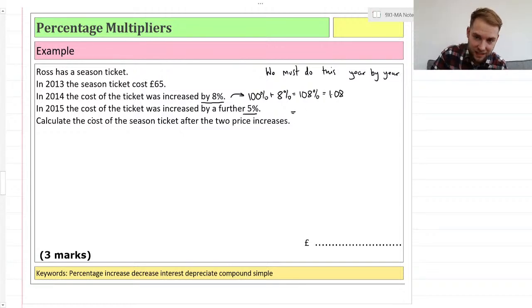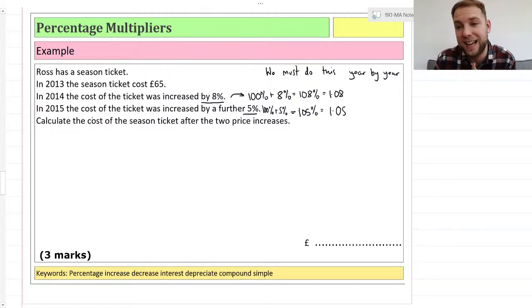For the second year, we're increasing by 5%, so that's 100% plus 5%, which is 105%, a multiplier of 1.05. Now, when I do this, you'll see why we can't increase by 13%. You'll see why in a second.